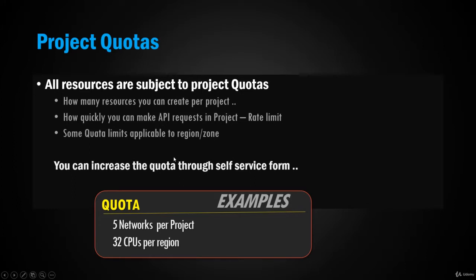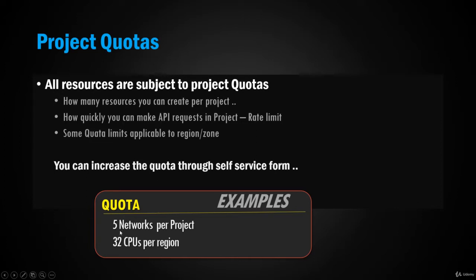And you can increase the quota through a self-service form; you can just fill that form. In one of the examples, I will talk about how you can increase the quota. But you can increase the quota limit.